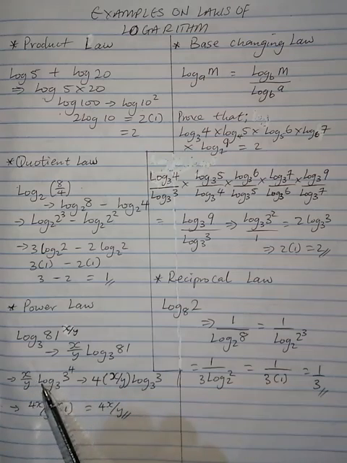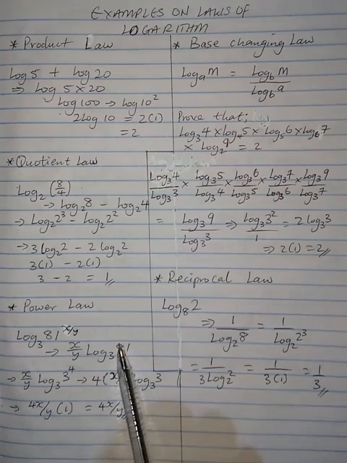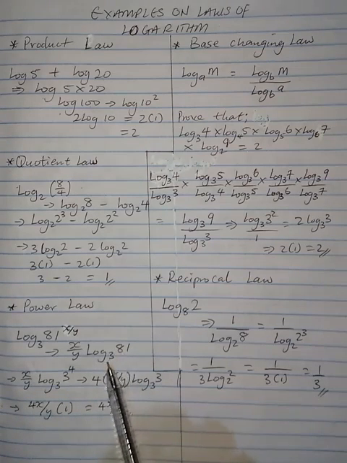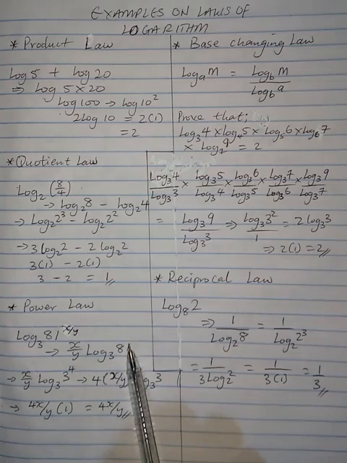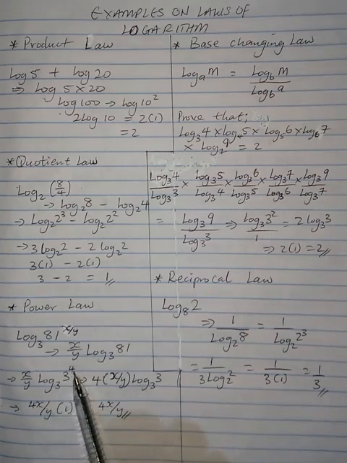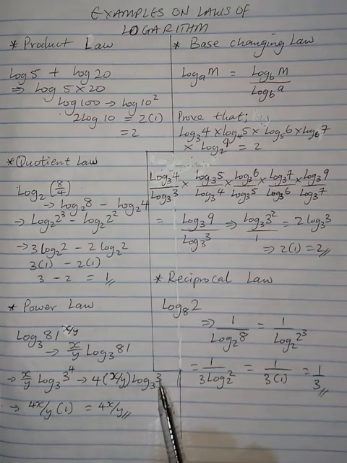And now at this point you have 81. Look for a way to make the base and the number the same. That's, of course, 3 raised to the power 4 will give us 81. So we have 3 raised to the power 4 here. Now, of course, this one and this one will end up giving me 1 if I remove this power of 4. So I have to still remove this power of 4.